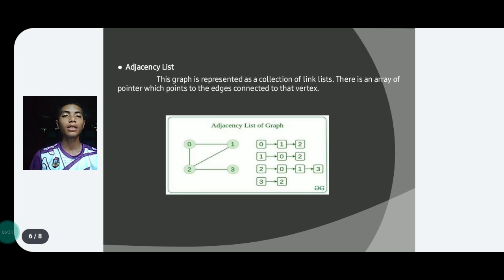Adjacency list. This graph is represented as a collection of linked lists.